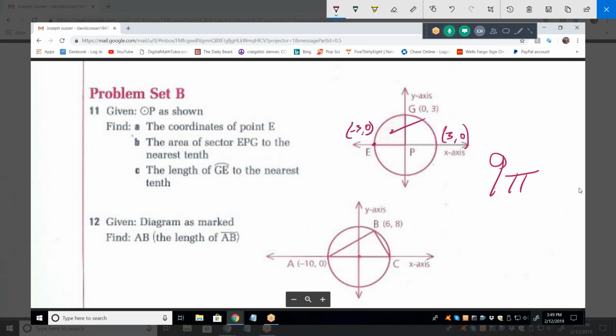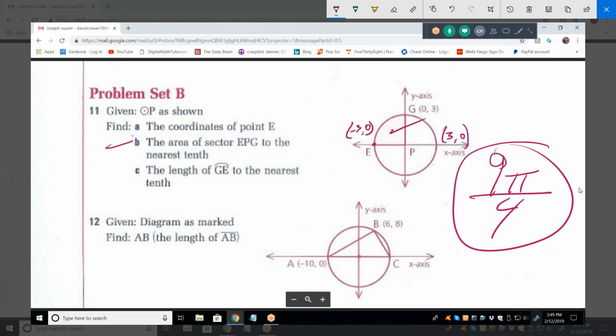Well, and then just divide it by 4. There's your answer. It's not 3.14 times 9 divided by 4. It's 9 pi over 4. Again, always give exact answers if you can. Pi is an exact number. 3.14 is an approximation for it.